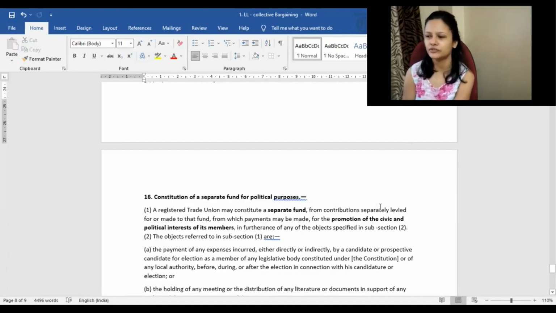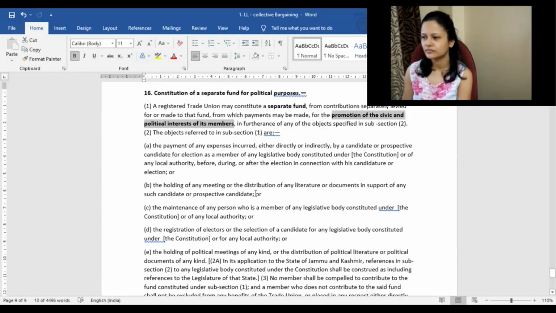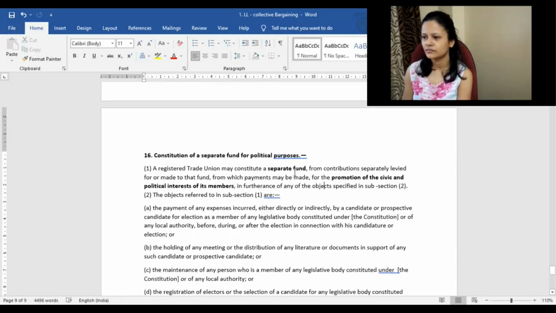Now, apart from the general fund, there should be a separate fund for political purposes. When we say political purposes, this fund cannot be used for those general purposes, but it is only for politics-related purposes. Like if some members of the trade union want to join any sort of politics, this amount will be separately imposed on the members of the trade union, and for the promotion of civic and political interest of its members only it will be used.